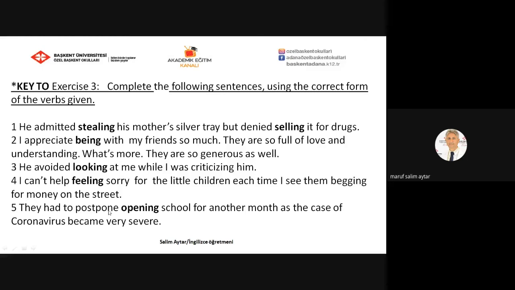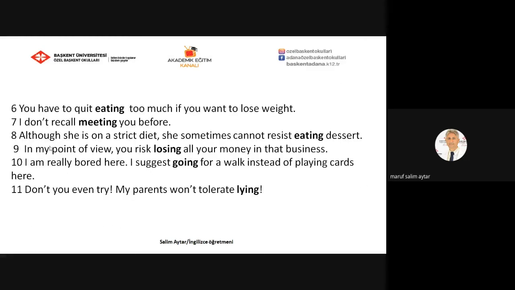They had to postpone. What did they have to postpone? They had to postpone opening school for another month as the case of coronavirus became very severe. You have to quit eating too much if you want to lose weight. I don't remember meeting you before. 8 says, although she is on a strict diet, she sometimes cannot resist eating dessert.